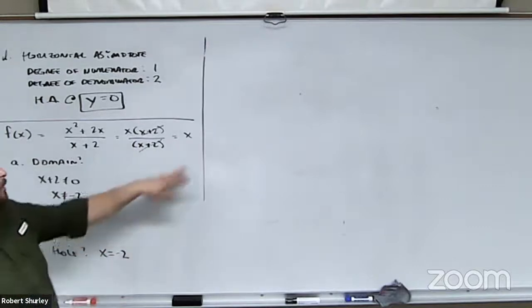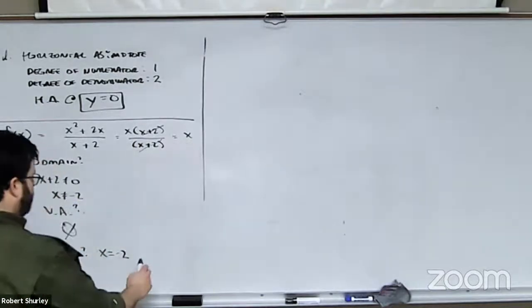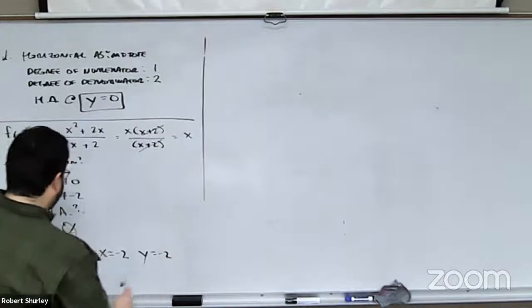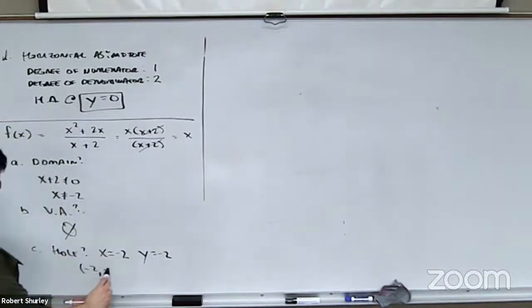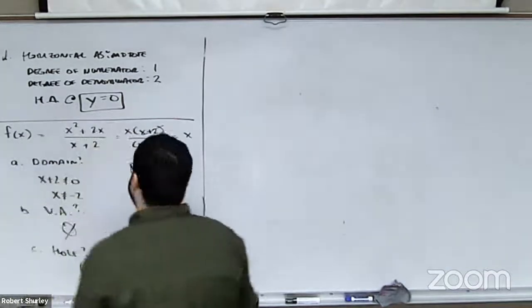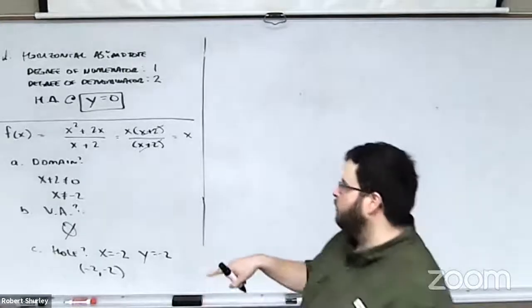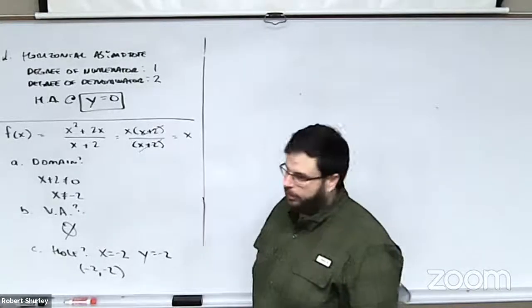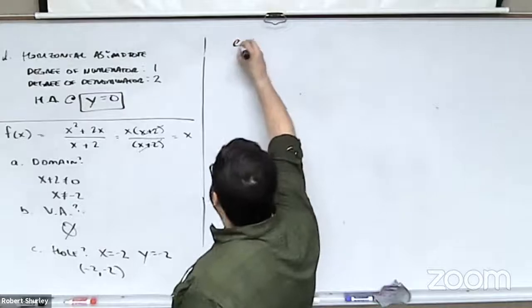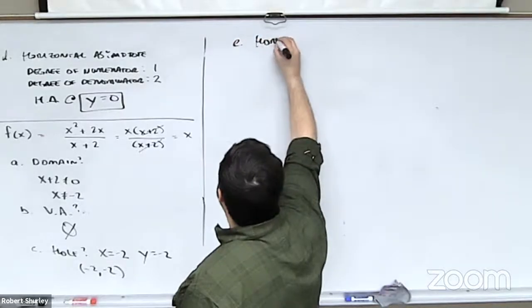And if you take negative 2 and plug it in now, you're going to get y equals negative 2. So our hole is at negative 2, negative 2, okay? We've already done an example like that, but that's where the denominator cancels completely. So now what about the horizontal asymptote?